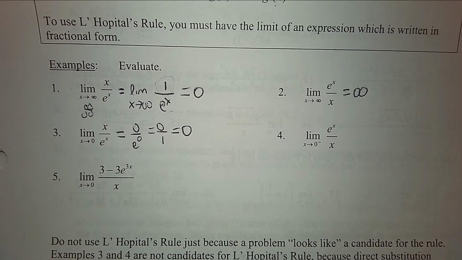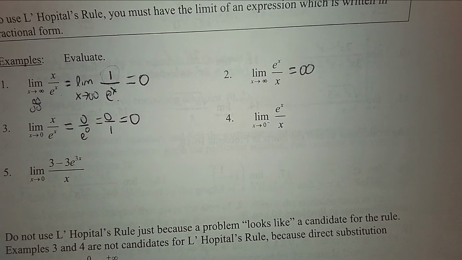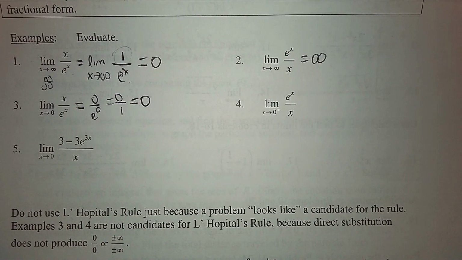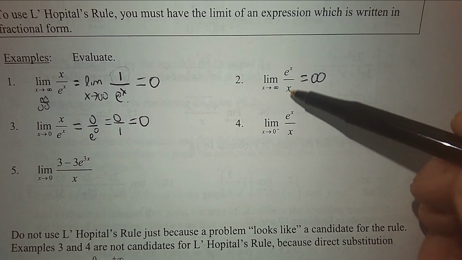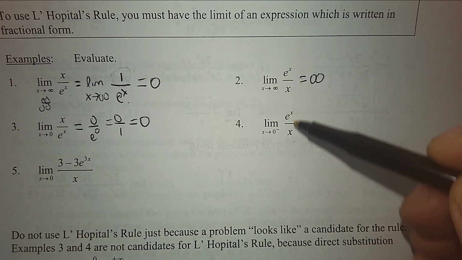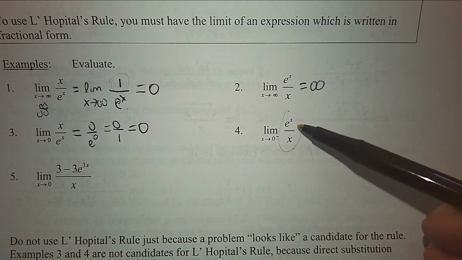Number 4. What's the difference between 3 and 4? So what should the answer be? If the limit exists, that means from the left and right should be the same answer or not? Yes. Let me back up. It's actually e to the x over x. What happens when I plug in 0?